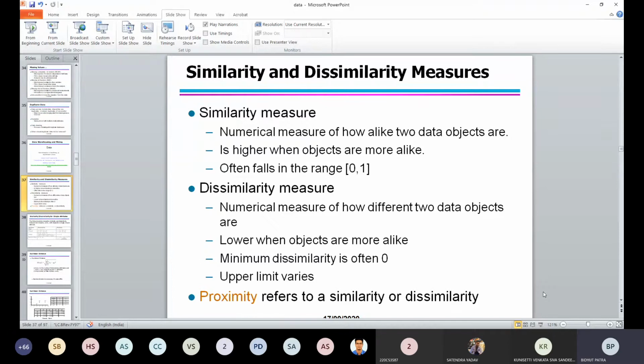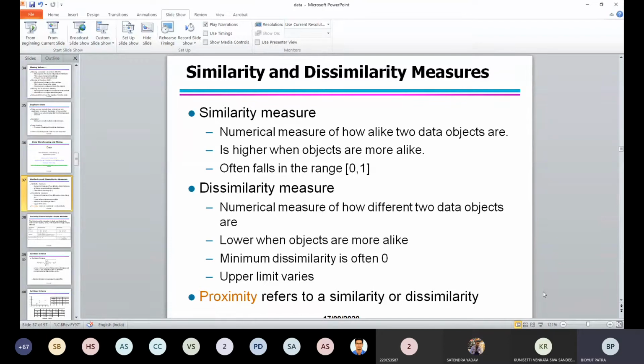One example of a dissimilarity measure that we are very much habituated with is Euclidean distance. If two points in Euclidean space, like 2D space, are very close to each other, and the distance is very close to 0, then we will say these two points are similar to each other.